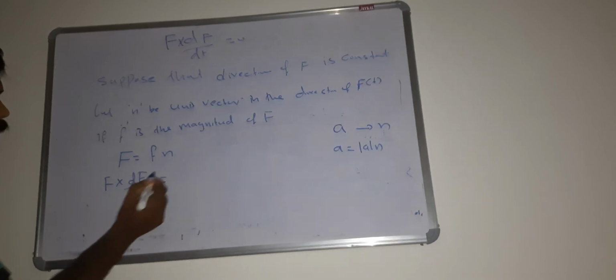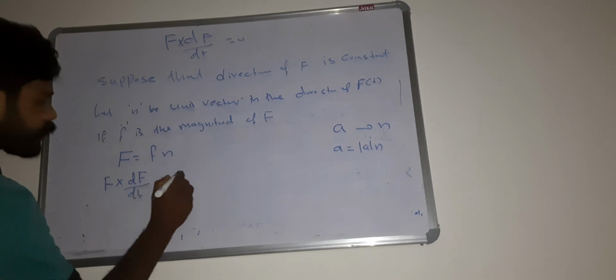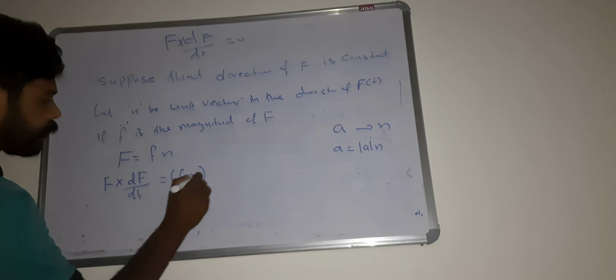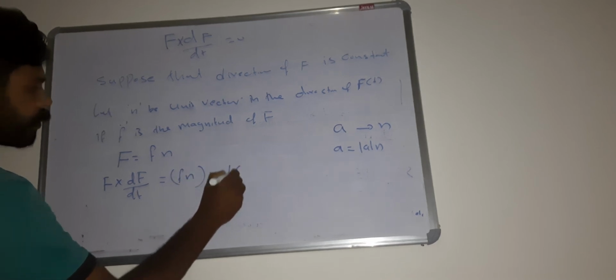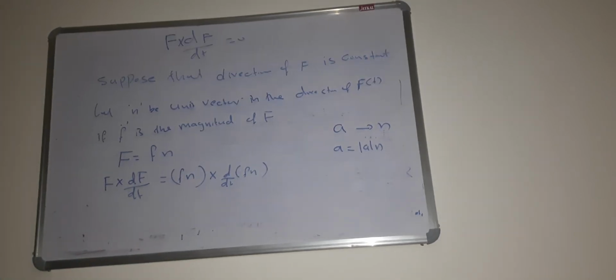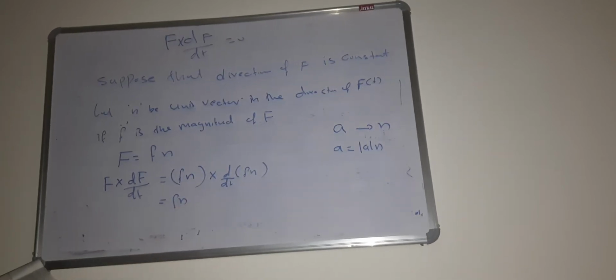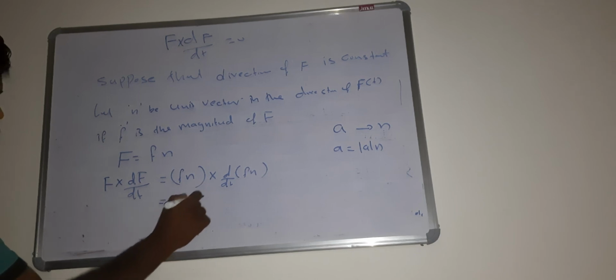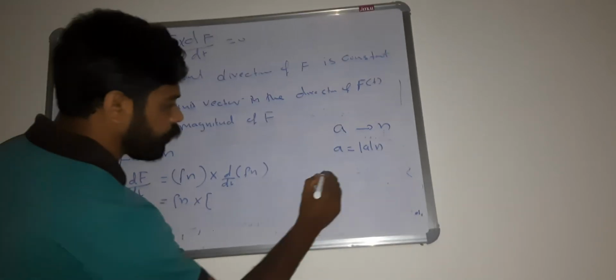F cross df by dt equal to f n cross d by dt of f n. That is f n cross, ബ്രാക്കറ്റിൽ, നേരത്തെ നമ്മൾ പഠിച്ചിട്ടുണ്ട്, ഒരു f എന്ന് പറയുന്ന സ്കെലാർ വാല്യൂഡ് ഫംഗ്ഷൻ.